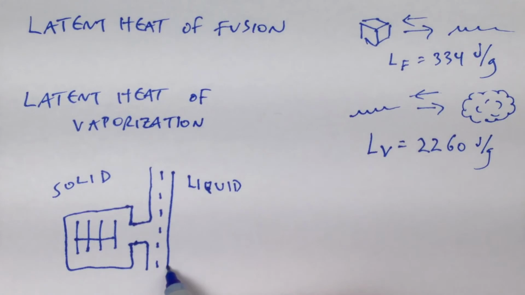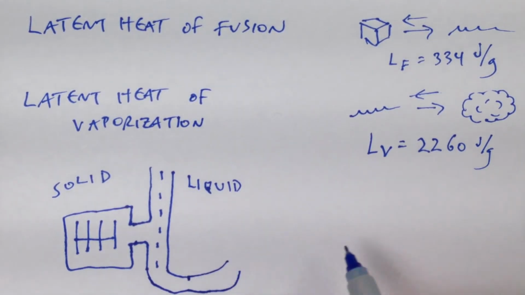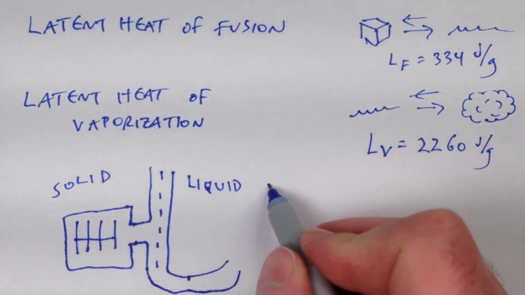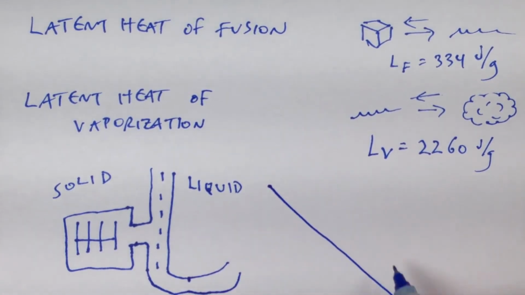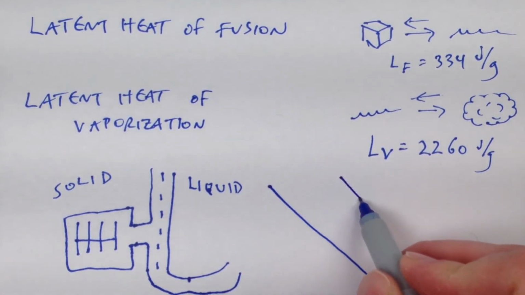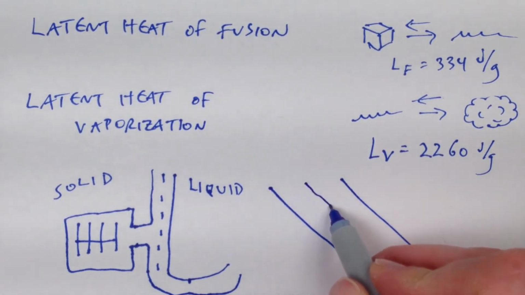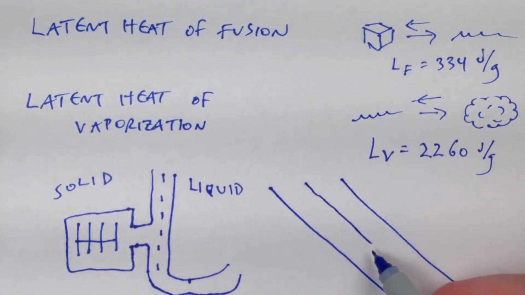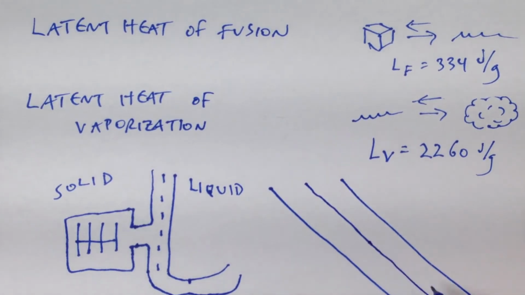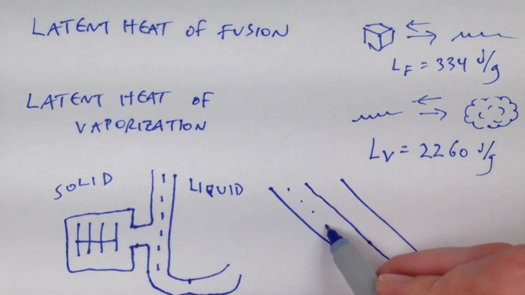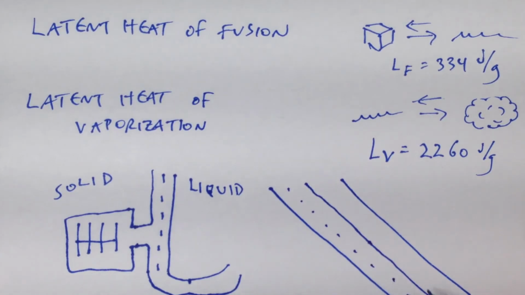Let's get to the latent heat of vaporization. So this road has a very sharp turn, and this road is going to go by the highway. The highway is kind of like the road in that the relative positions of particles, or cars, are not fixed.